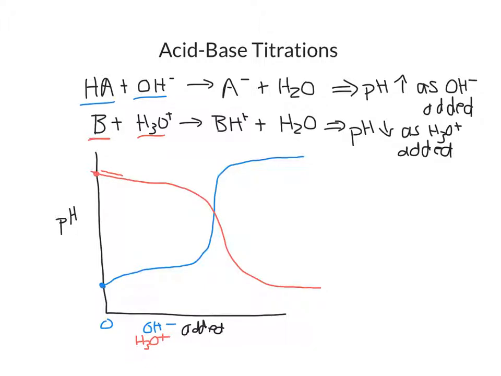So our base with strong acid titration as a function of pH would look like this, and our acid with strong base titration would look like this.